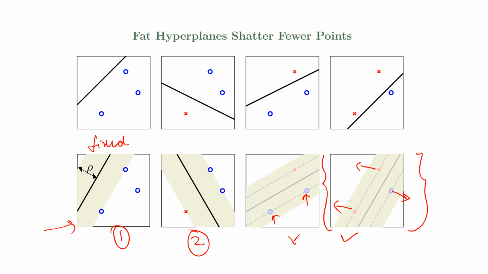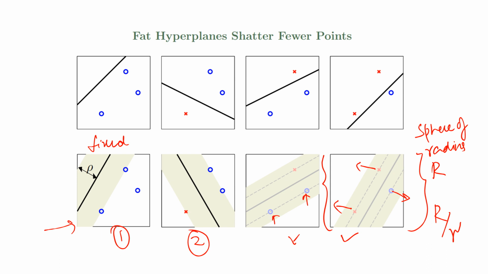So by bounded, I mean that my data is bounded in a sphere of radius r. If that is the case, then what we're looking at is some ratio, r over the thickness, which was gamma. This is what we used when we were denoting the thickness of the hyperplane.